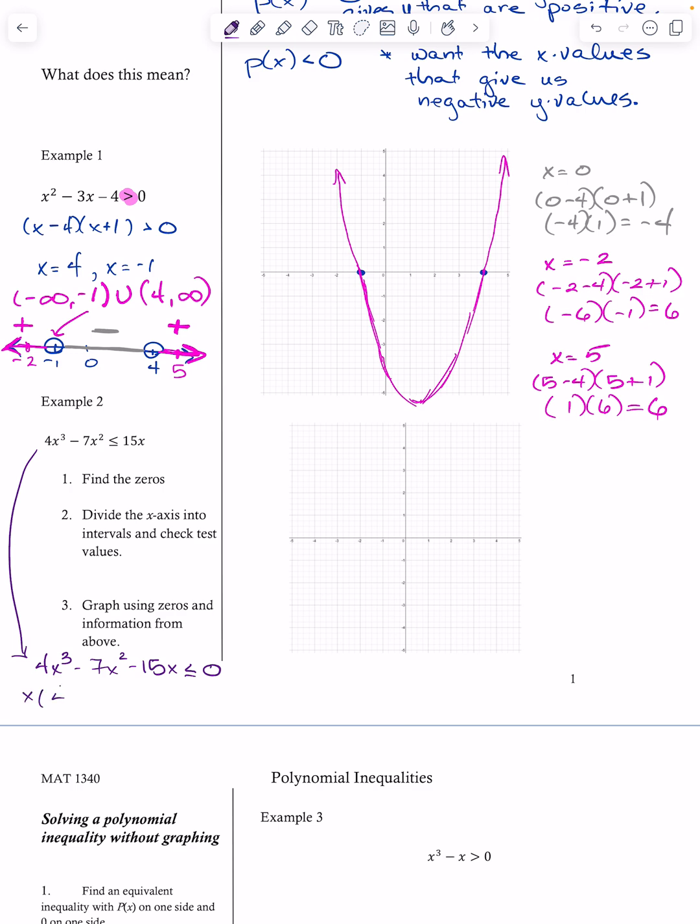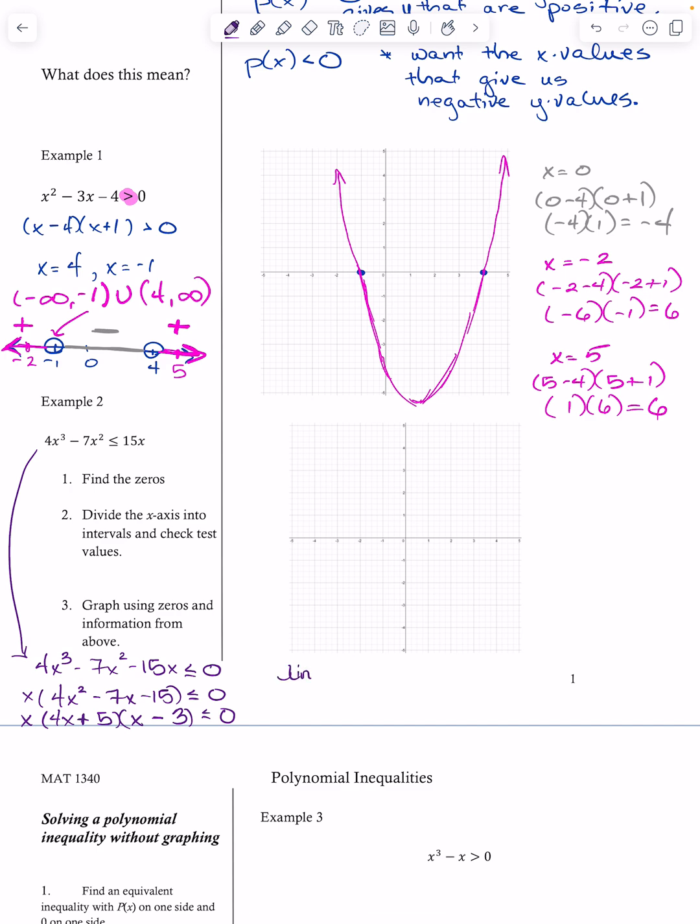I'm going to factor out the x, and I'm left with 4x squared minus 7x minus 15. I'm going to go 4x and 3, which will give me a 12, and then 5x, 12 minus 5 is 7. So I need this to be negative, this to be positive.